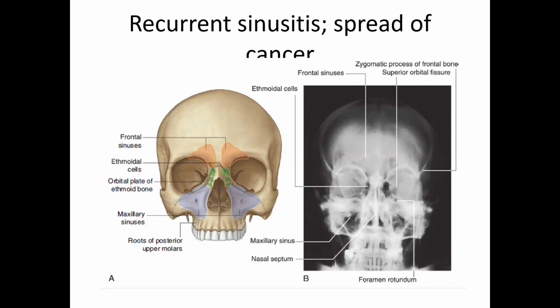If it grows posterolaterally, it will affect the mandibular nerve in the infratemporal fossa. If it grows posteromedially, it will affect the maxillary nerve in the pterygopalatine fossa. Either of these nerve irritations will cause severe pain over the area of distribution of that nerve.